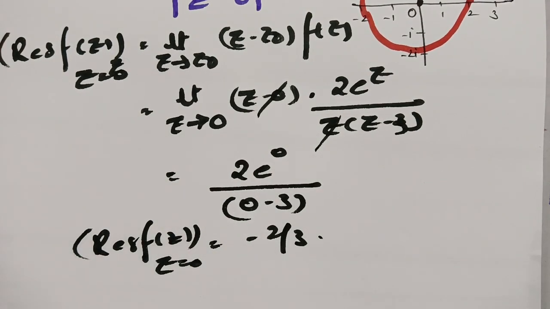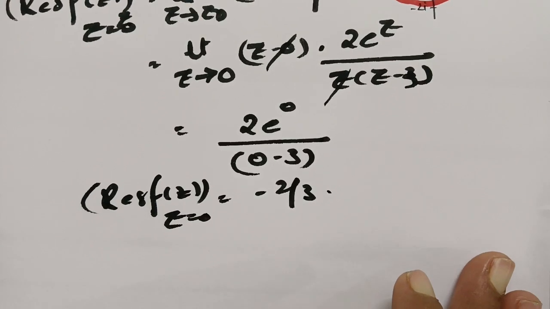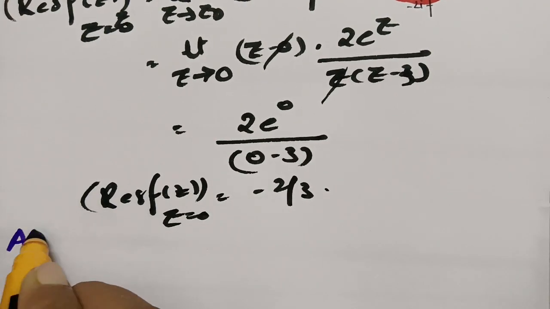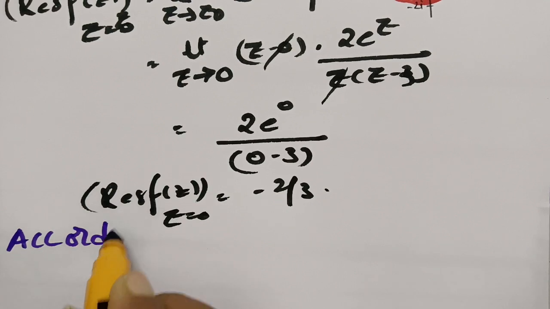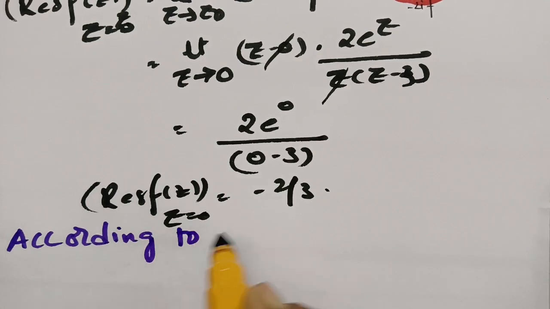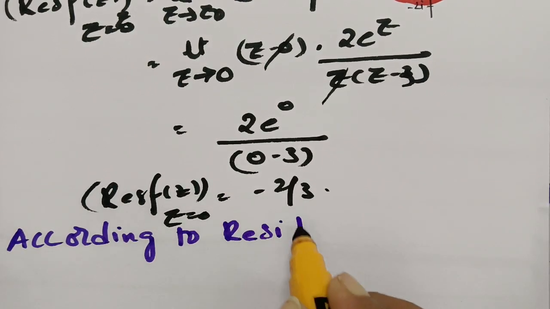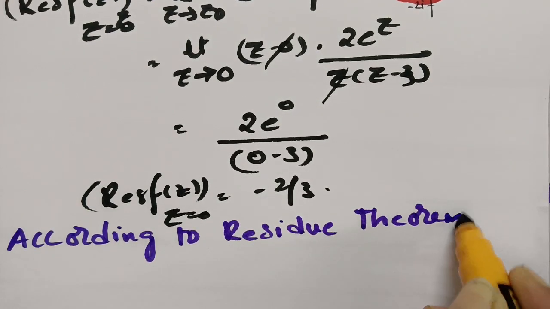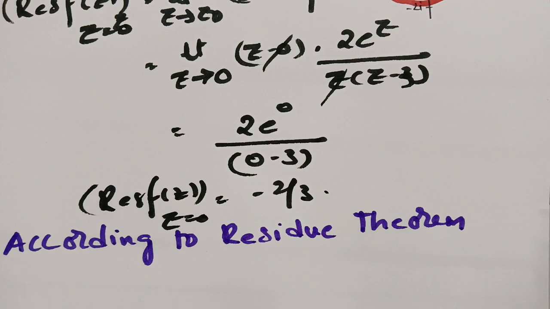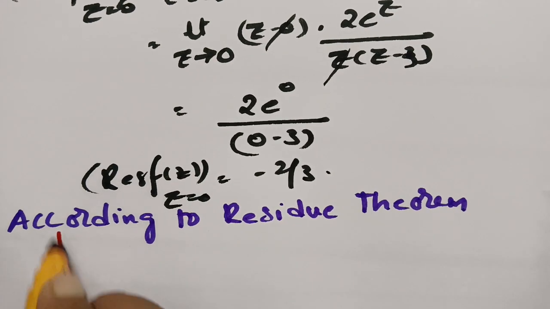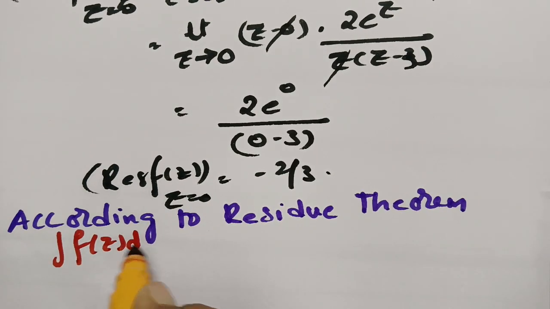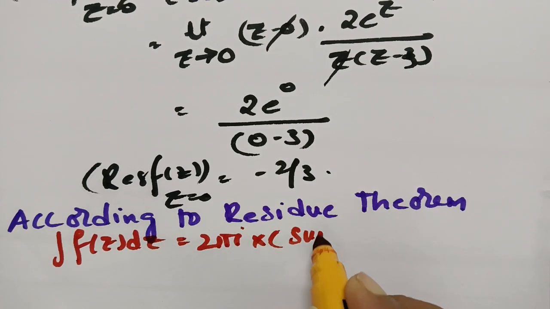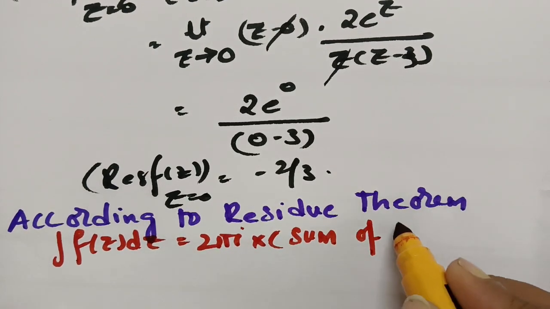Now we have to apply the residue theorem. According to our residue theorem, what is the statement? The integral of f(z) dz is 2 pi i times the sum of the residues of the interior poles.